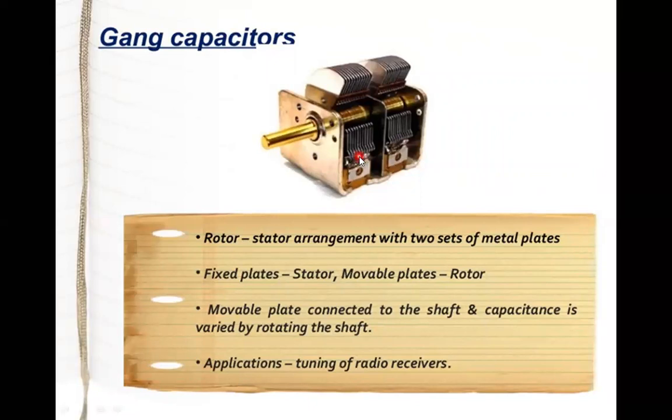You can see here, fixed plates are the stator, movable plates are the rotor. The movable plate is connected to the shaft, and capacitance is varied by rotating the shaft. This is the shaft which we can rotate. And applications are tuning of radio receivers. If you see the old type of radio instrument, for the radio receiver we used to tune it to match the particular bandwidth. So for that we used gang capacitors.